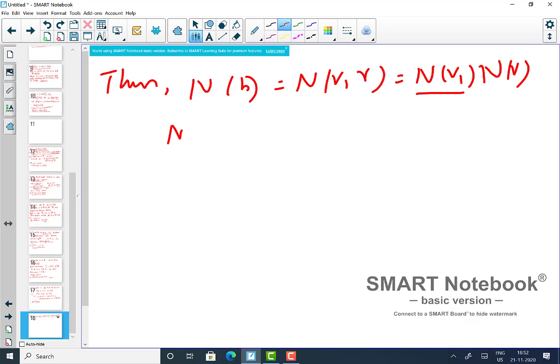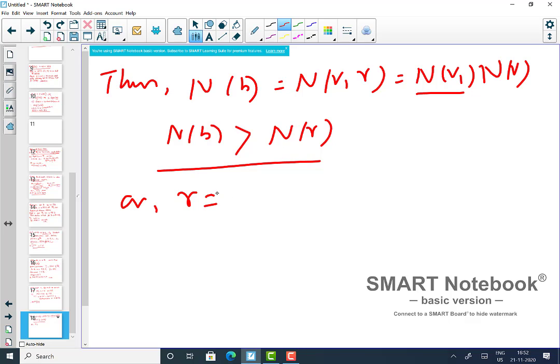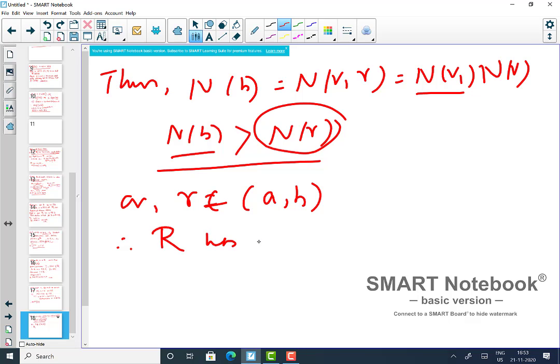That means the norm of B is bigger than the norm of r. Done. This is what we want, right? As r belongs to the ideal generated by A and B, we get an element whose norm is less than the norm of B. So thus R has a Dedekind-Hasse norm.